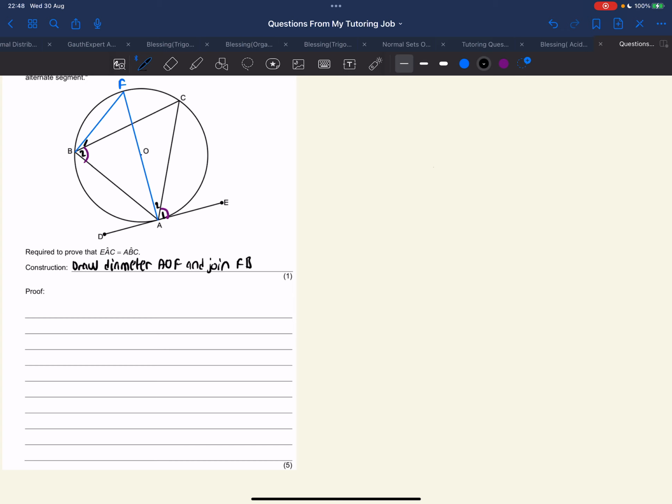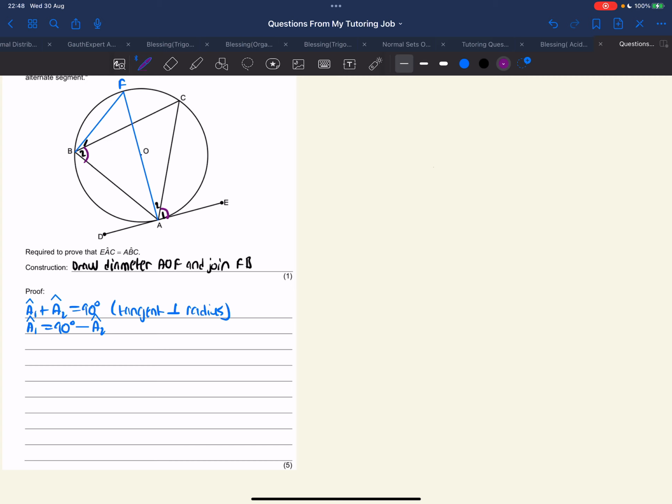Now going to the proof, angle A1 plus angle A2 is 90 degrees, and the reason is tangent perpendicular to radius. So A1 is equal to 90 degrees minus A2.